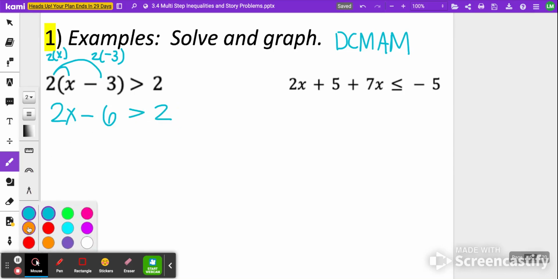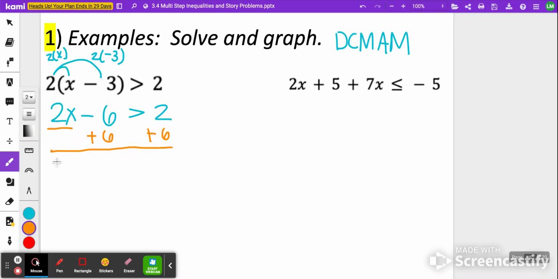I don't have to combine like terms, so now I'm just ready to move variables and make sure that my number's on the same side. I only have one variable, so I don't need to move anything else, so now I'm ready to just add that 6 to start us off. I'm going to get 2x is greater than 8. So that when I solve it next, I'm just dividing by 2, so x is greater than 4.